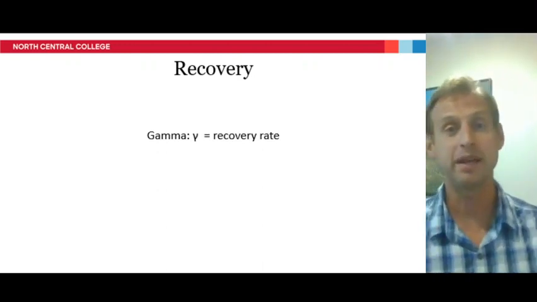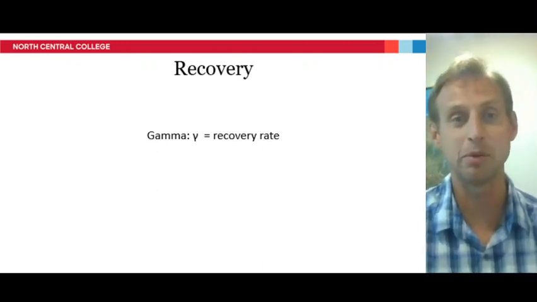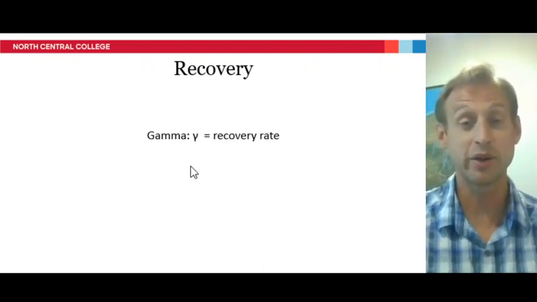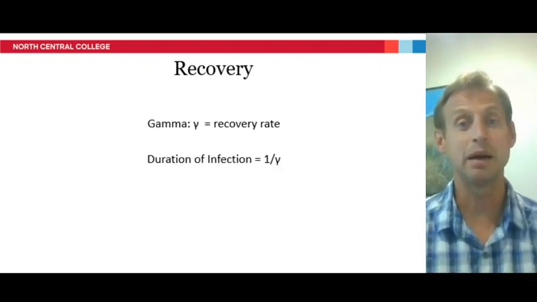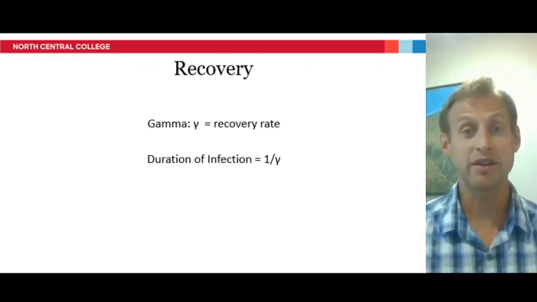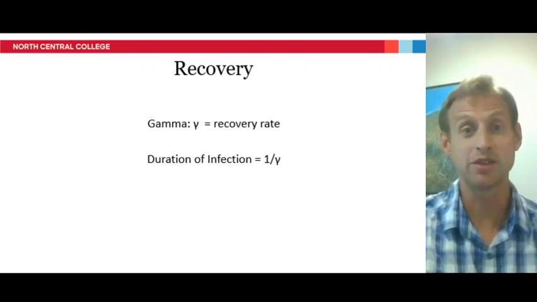Another important term in epidemiology is the recovery rate, and that's usually shown by the symbol gamma, sometimes other symbols, but for the most part it's gamma. And so the recovery rate is at what rate does a person start to get better from the disease. This one is a lot easier to calculate, and what you do to calculate gamma is you just do 1 divided by this rate.